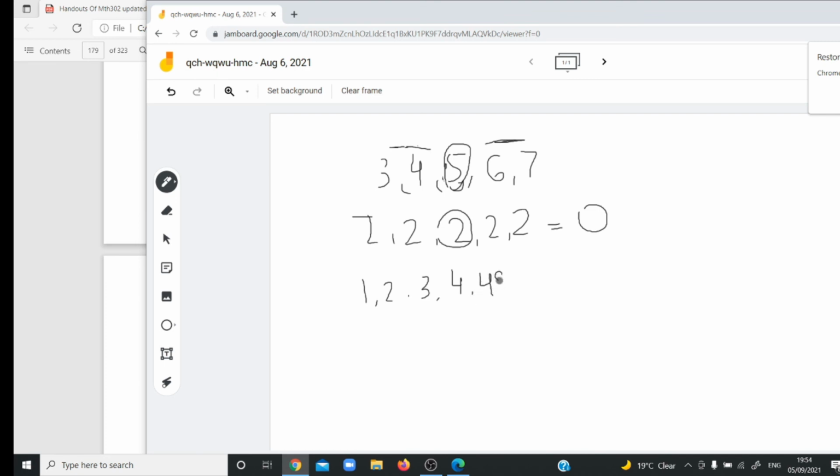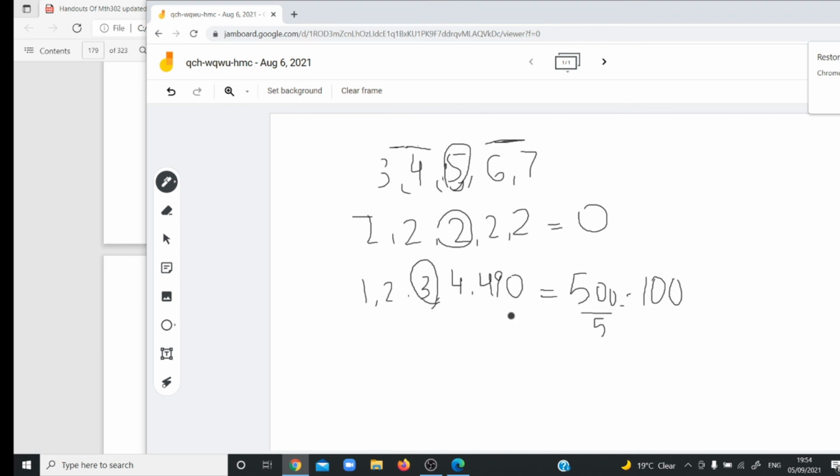Okay, another case. I have 1, 2, 3, then 4, and then 490. So we do have a mean. The mean will be 500 over 5, that will be 100. Okay. The median will be 3.